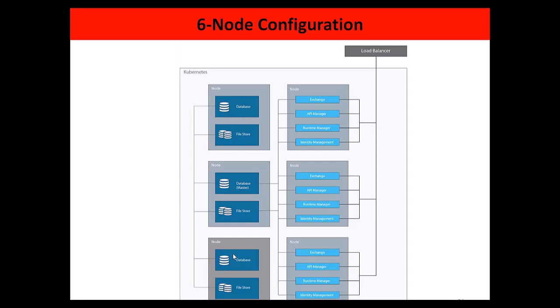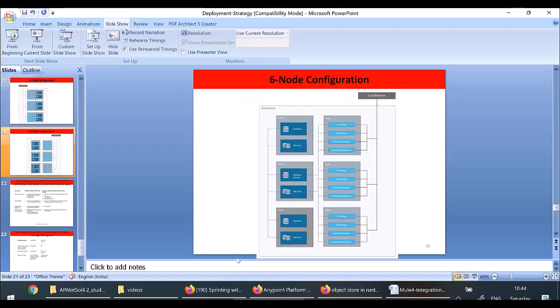So based on your scenario, you have to decide whether you want on-premise installation. What does on-premise mean? Without Runtime Fabric and Private Cloud Edition, you just run your Mule server instances on your machines. You have to decide whether you want on-premise, CloudHub, Runtime Fabric or Private Cloud Edition.